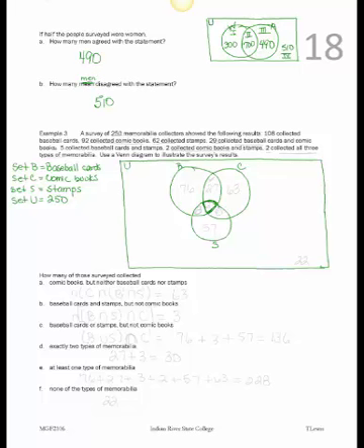This is what we want to fill in. This is where all 3 intersect. Now, if we go to the very last part of the information in the problem where it says 2 collected all 3 types of memorabilia, this is where all 3 circles intersect. So we know 2. We're going to put the number 2 there.